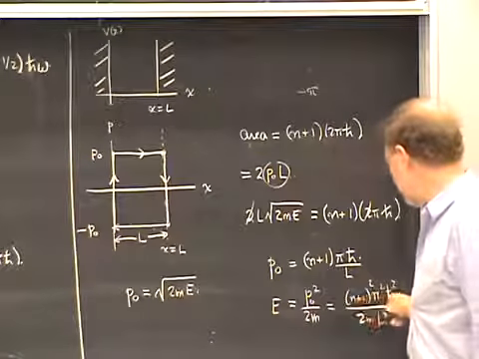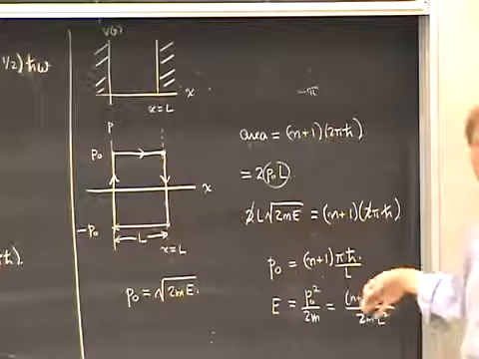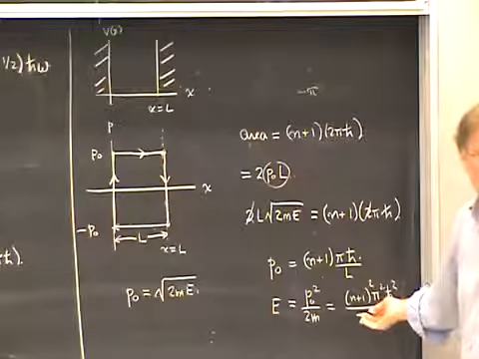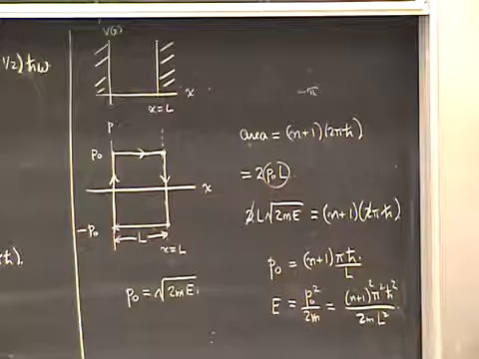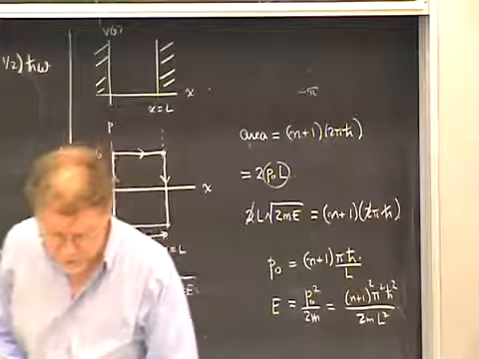Here the n goes 0, 1, 2, 3, so n plus 1 goes 1, 2, 3, 4. The ground state is n equals 1 now, not n equals 0. All right, so that's another simple example.